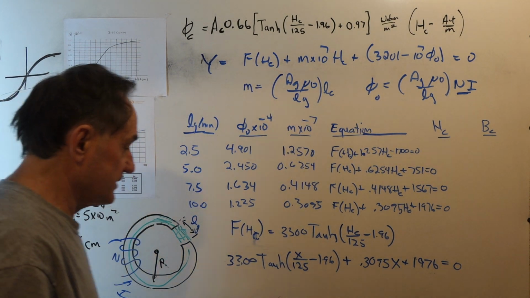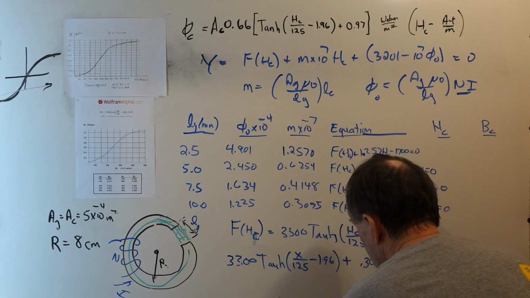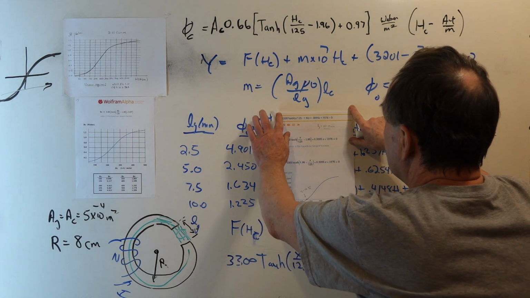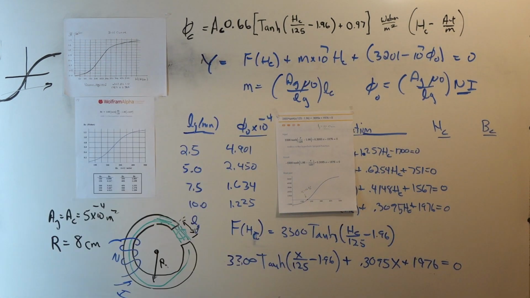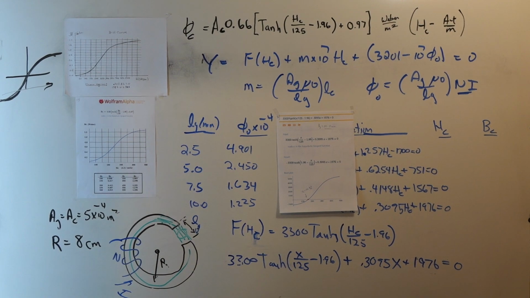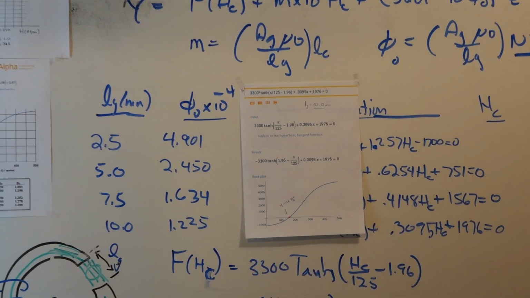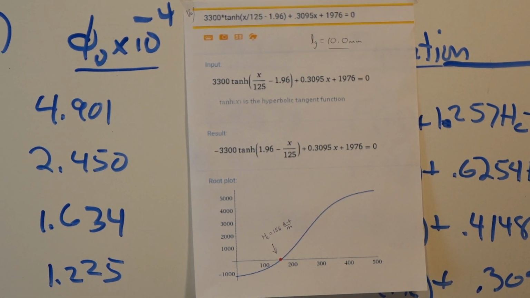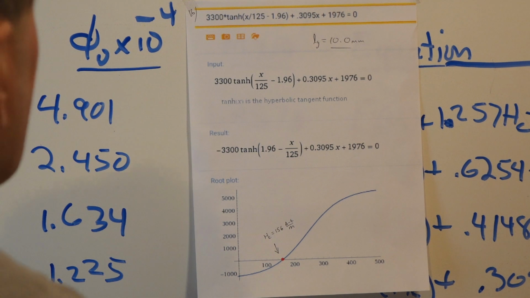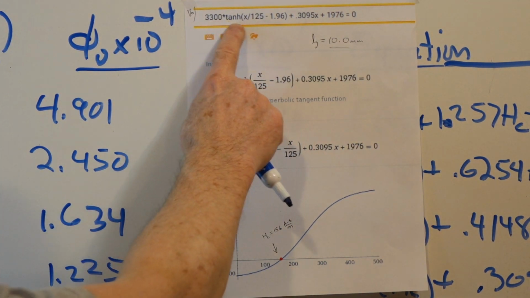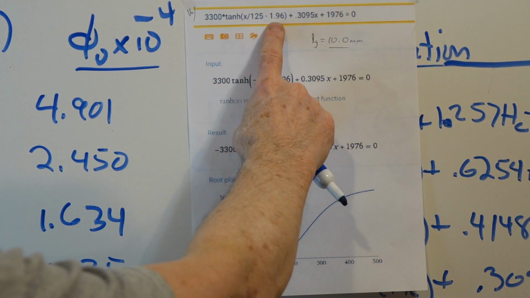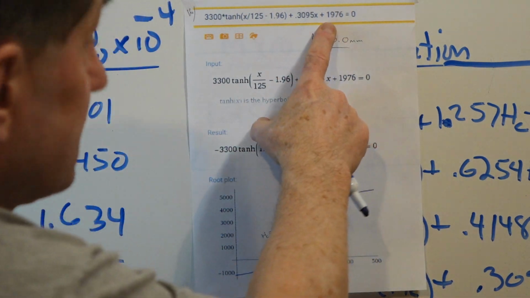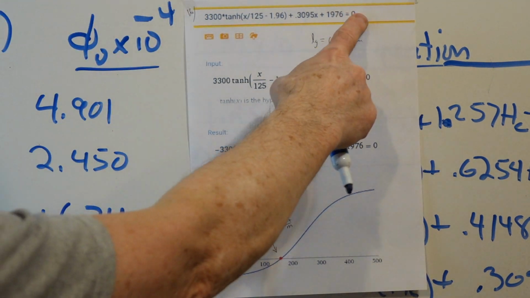Put that into the equation solver in Wolfram Alpha. Here is the example of the printout that I got. And you can see here's the equation, 3,300 hyperbolic tangent x over 125 minus 1.96 plus 0.3095x plus 1976 equals 0.